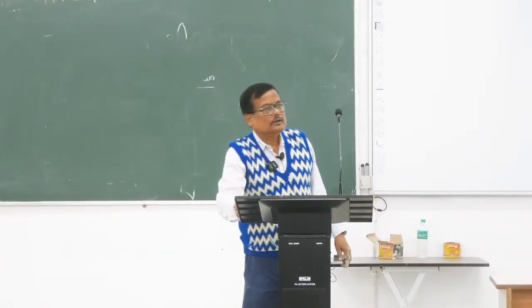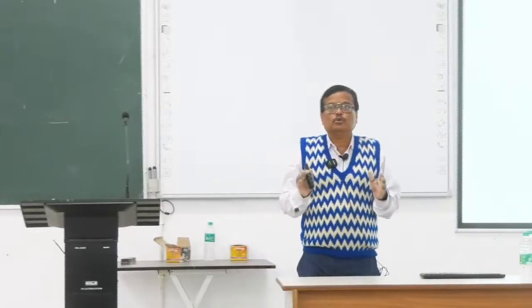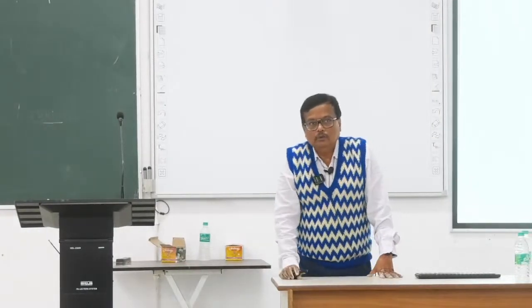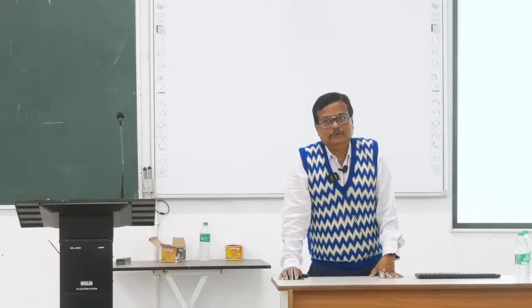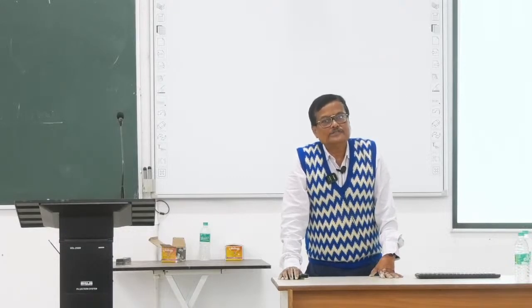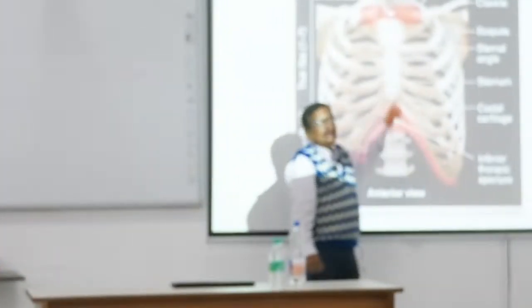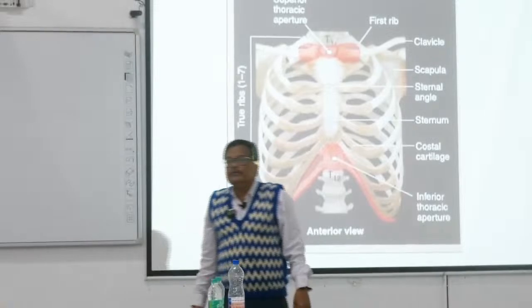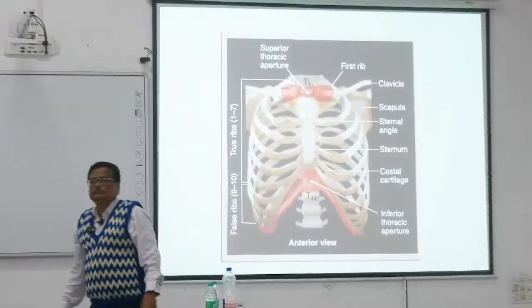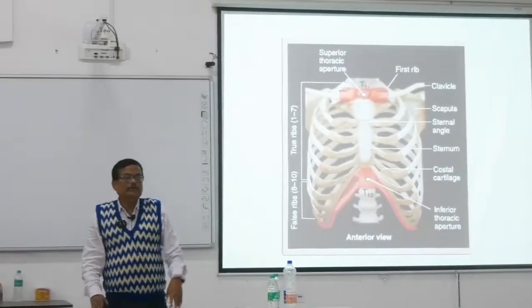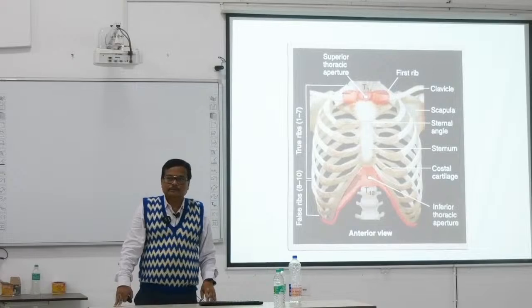The main structure of the thorax is bony. We call it the thoracic cage, which consists of vertebrae, ribs and sternum. Clavicle is a part of the superior extremity.